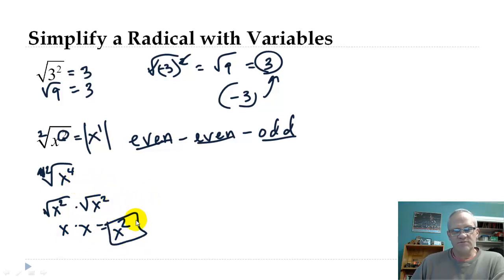The simple way to think about that, though, the way I always do it, is I take this number here, 4 divided by 2, is x squared. But you notice in this situation we had even, and we ended up with an even. So we don't really need this absolute value now, because if x would have been a negative number, we would have squared it in our answer, and it would have become positive again anyway.